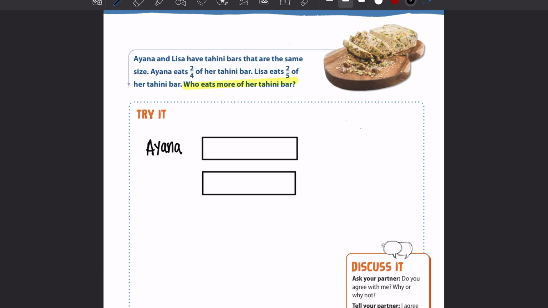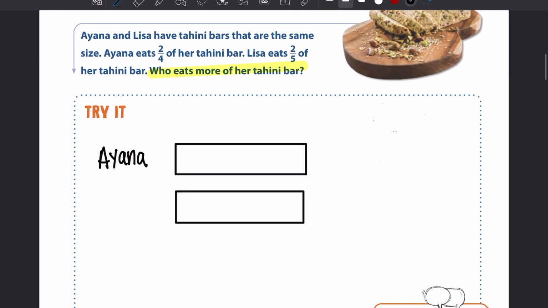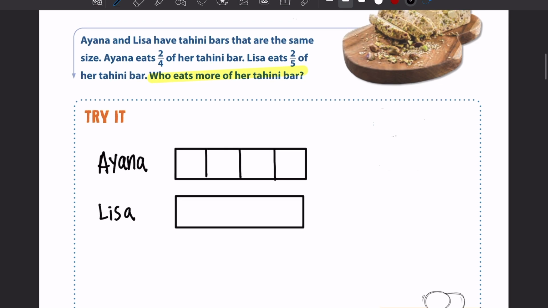It says that Ayana eats 2/4 of her tahini bar, so since the denominator is 4, there are going to be 4 pieces that complete this bar. So I'm going to break it up into 4 pieces. And then this bottom bar is going to be Lisa's. Lisa has 2 over 5 for her tahini bar, so there's going to be 5 pieces. So let's break this up into 5 pieces.